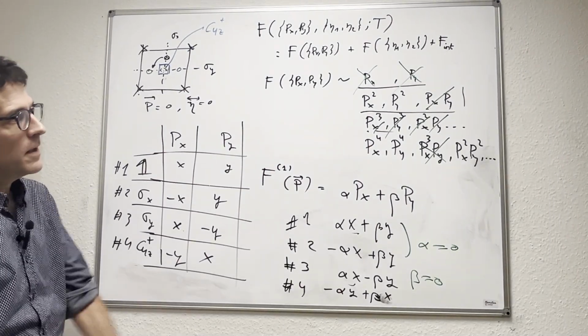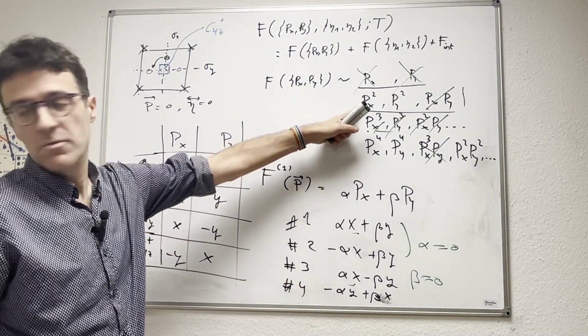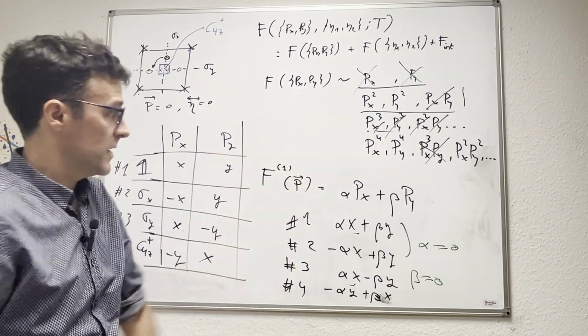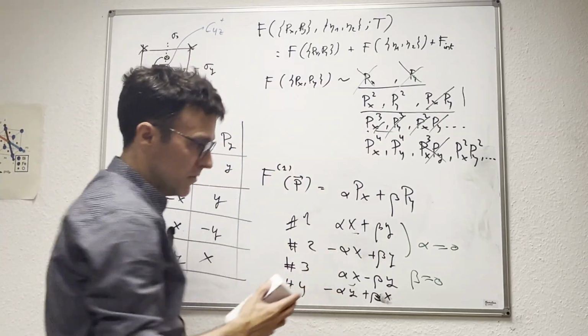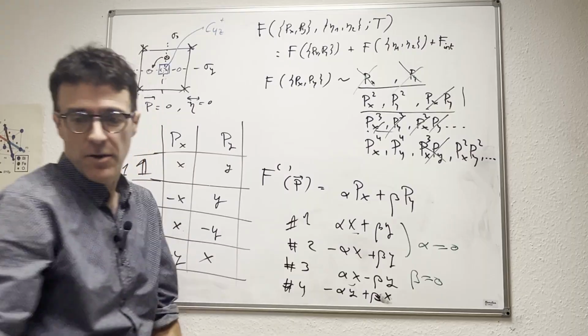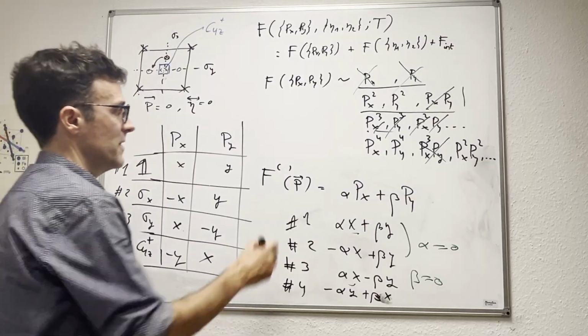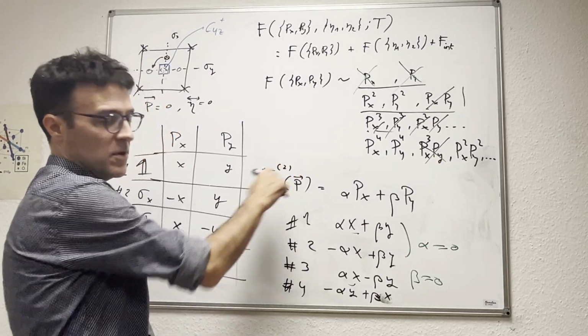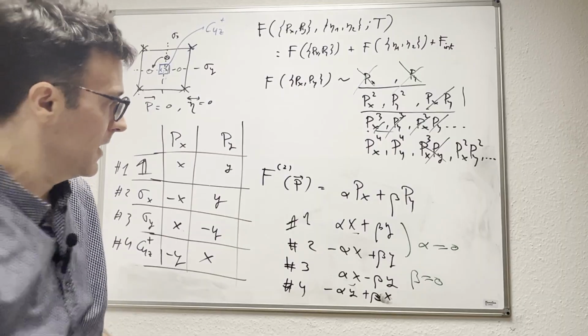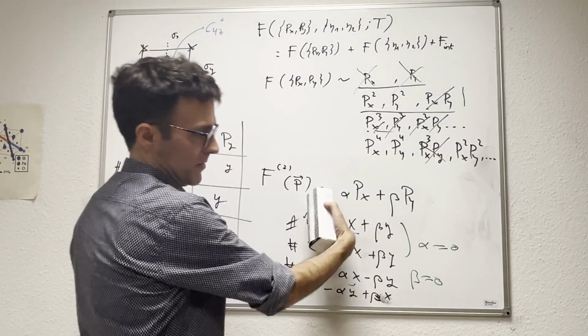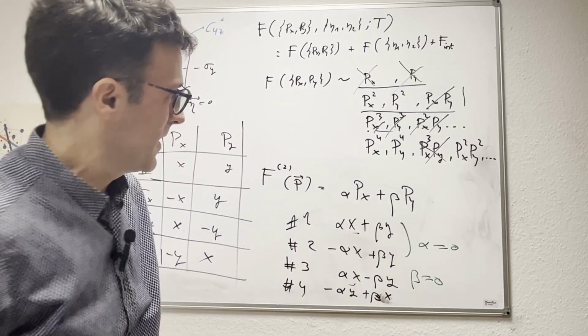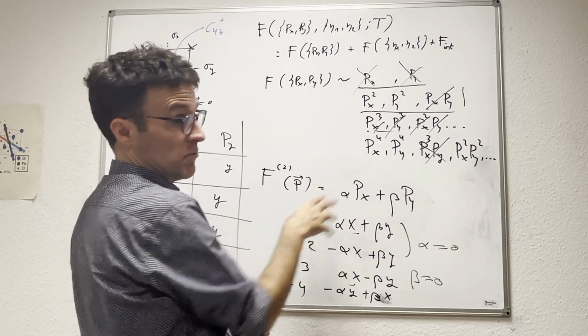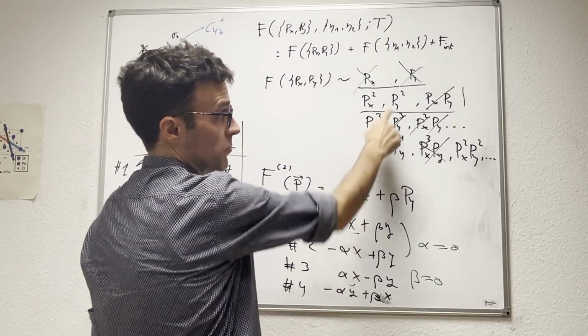Very good. Now let's pay a bit of attention to the quadratic terms. One of them is gone, but we still could write another subterm of the energy. Let's call it F super 2 of P. And we are going to stick to alpha and beta. The two candidates that we have to give us something are px squared and py squared.